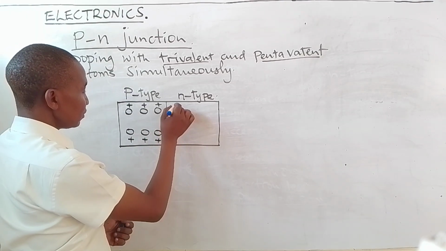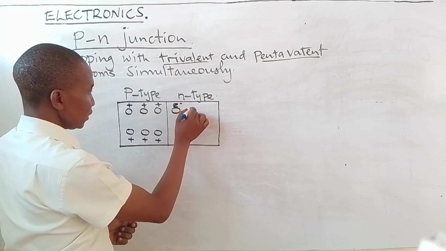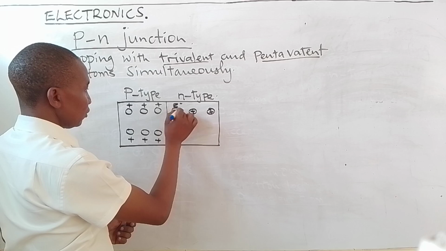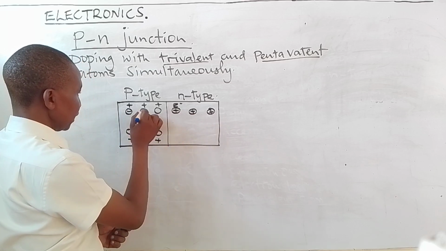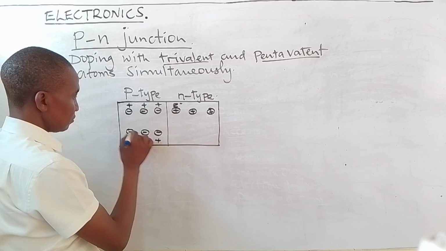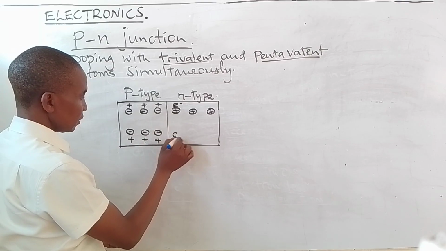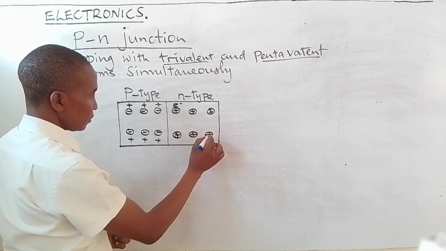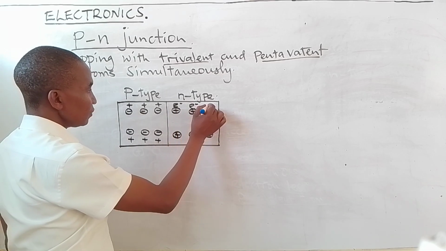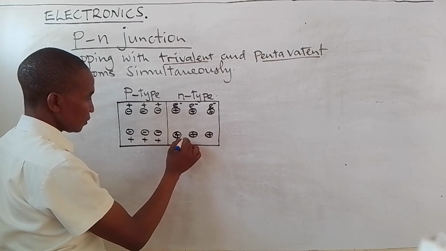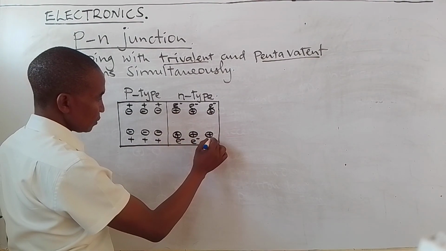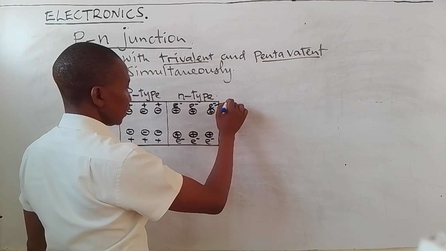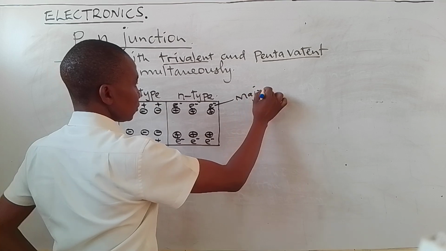In the n-type, electrons are the majority charge carriers, and the holes are the fixed ions in the parent atom. So these are electrons, like that.